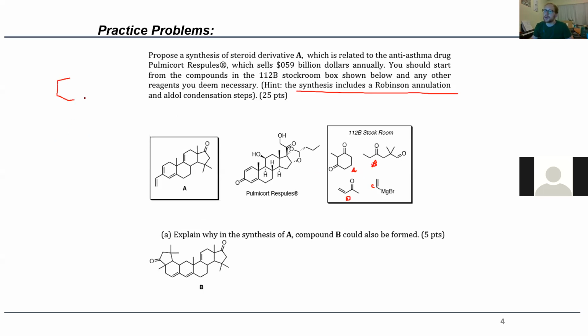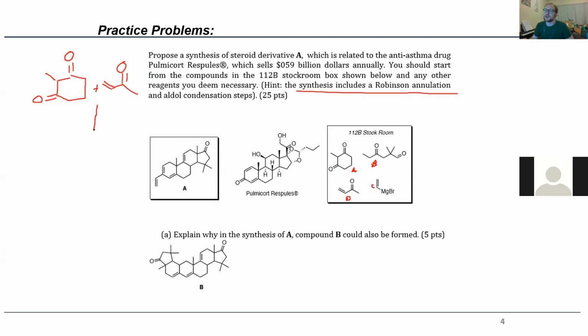So if we look at that, plus, remember that the Robinson annulation first involves the formation of an enolate here, and then a Michael addition of that enolate into this alpha beta unsaturated ketone, and then the aldol condensation from this position onto one of the ketones.